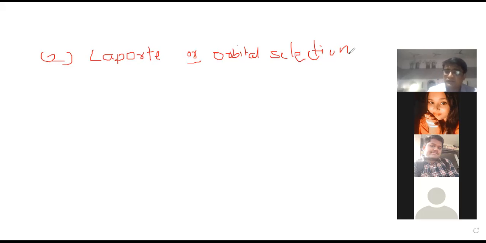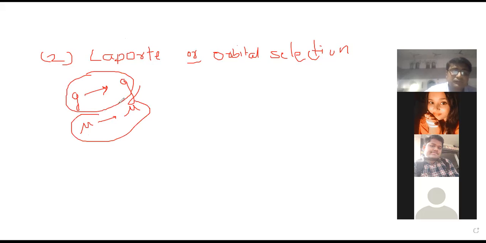Okay, what does it mean? For example, gerade to gerade. Gerade means it is symmetric with respect to the center of inversion. So gerade to gerade and ungerade to ungerade are transitions taking place between the same symmetry or same parity.